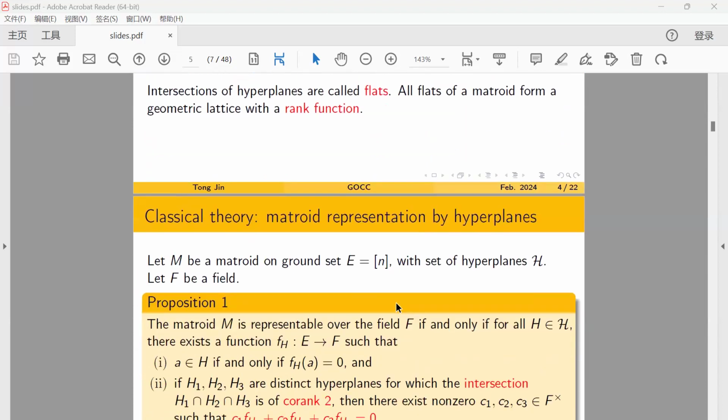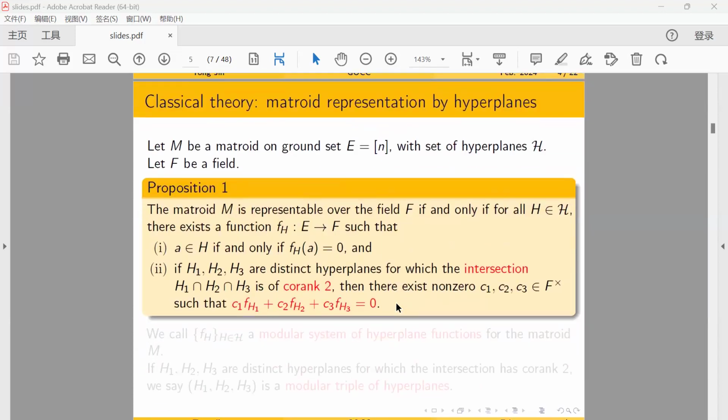Now, once we have a matroid with the set of hyperplanes H, there is a classical theory of representing a matroid by the hyperplanes. You can find this proposition in Oxley's book, in the chapter on matroid representation, without a proof, but it gives a reference.